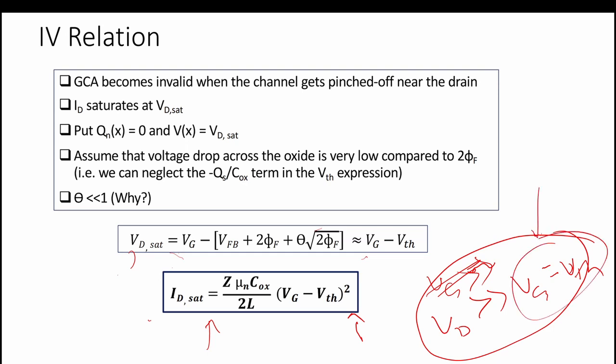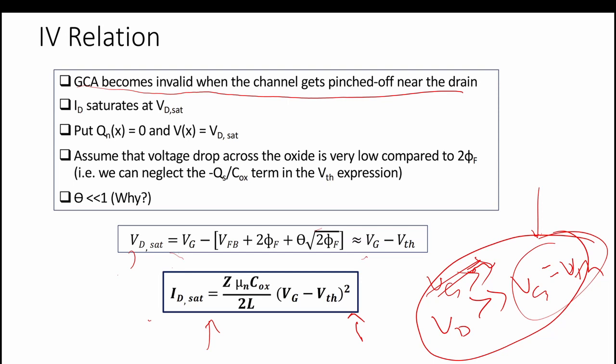After the threshold voltage, the channel pinch off is there. Near the channel pinch off, the gradual channel approximation is invalid, because of the very high electric field, the lateral component of the electric field is very high in this region.